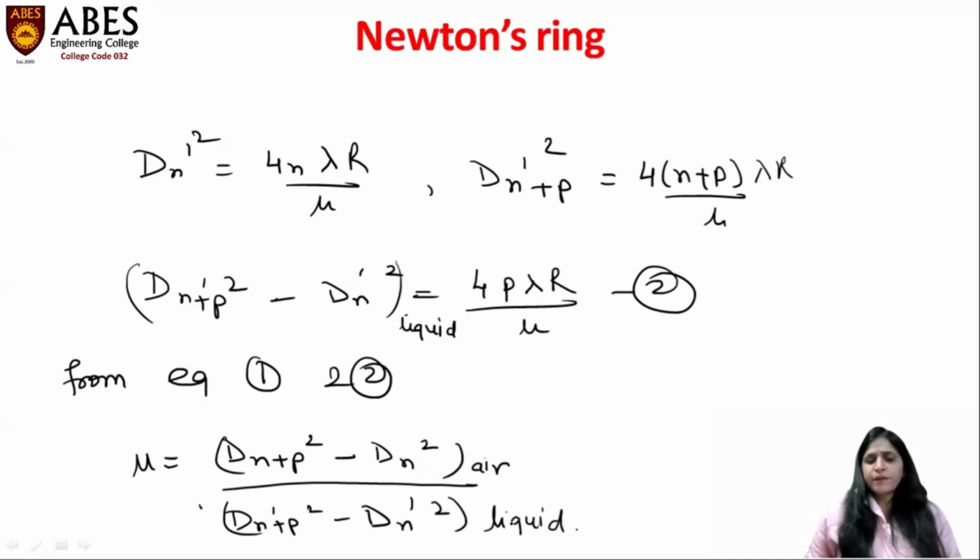There are many more applications; for example, we can also find the optical flatness with the help of Newton's rings. We can even discuss some conceptual questions that can be asked.